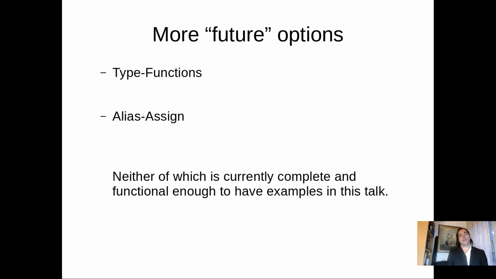Type functions follow a very simple idea. They just say, when you can execute a function at compile time, why not execute a regular function on compile-time entities? Because the interpreter is built into the compiler, it has access to the AST.